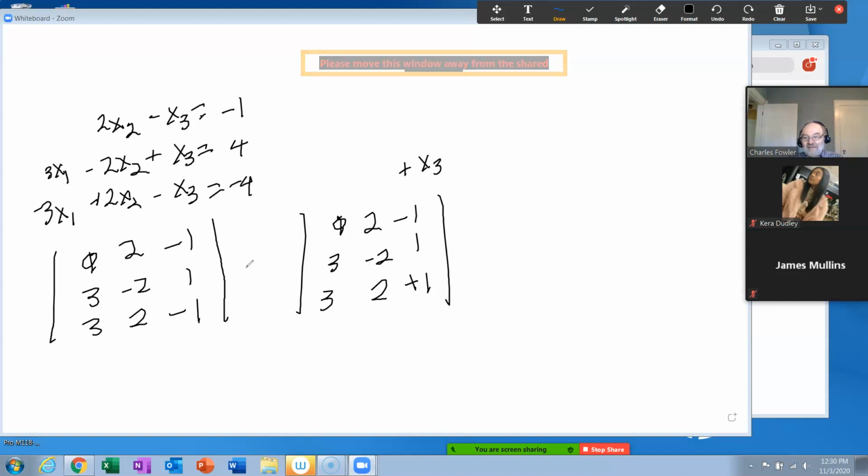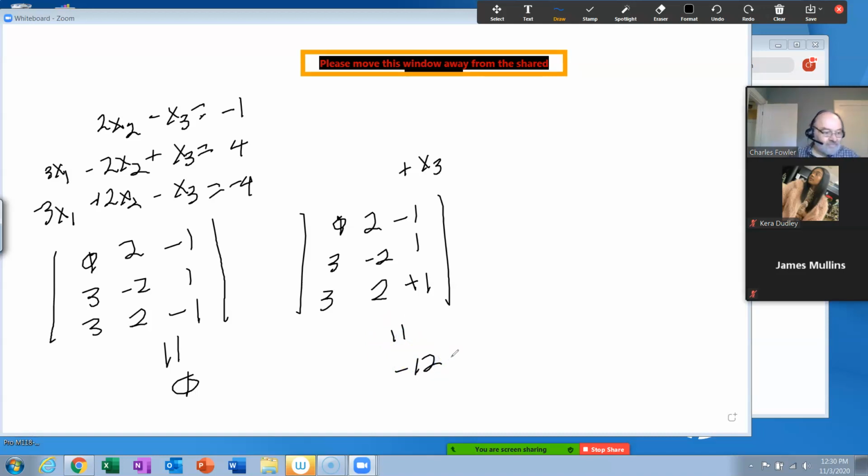But we see that the determinant of this one is equal to 0. Why? Because these two columns are multiples of each other. This one we did before, and I think the determinant was a minus 12. Yes, it was.